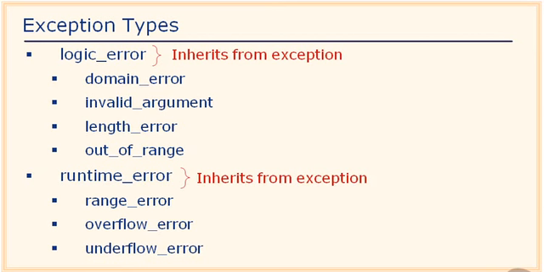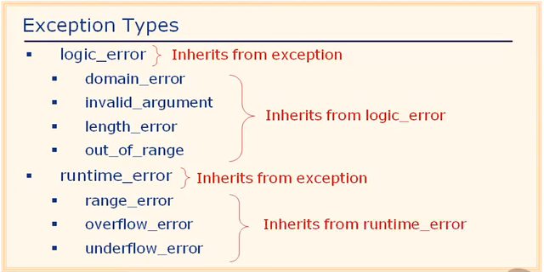So if you just want to know, hey, if this is a logic error, I'll catch logic errors, and if it's a runtime error, I'll catch the runtime error exception, and it'll give me an idea. If I want to get more specific, then I can use the domain, invalid argument, length, or out of range errors, and these inherit from logic error. And on the bottom there, the range, overflow, and underflow errors inherit from runtime error.